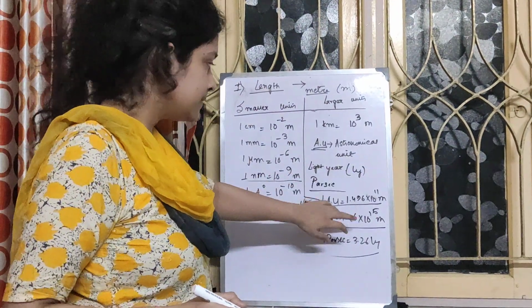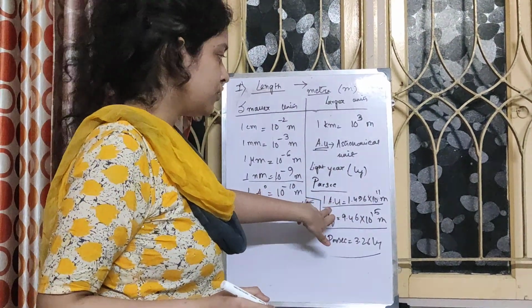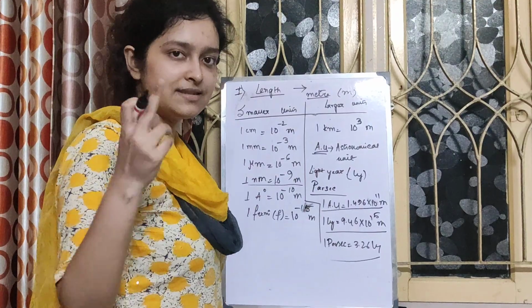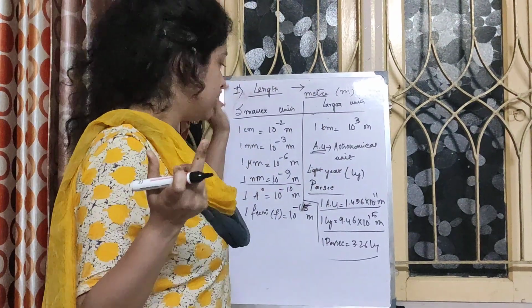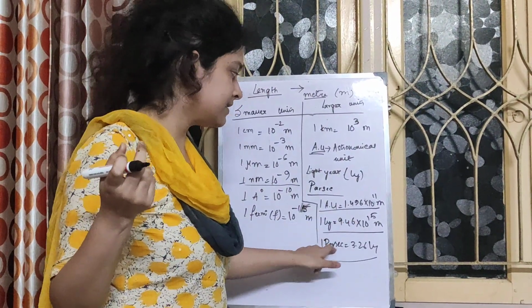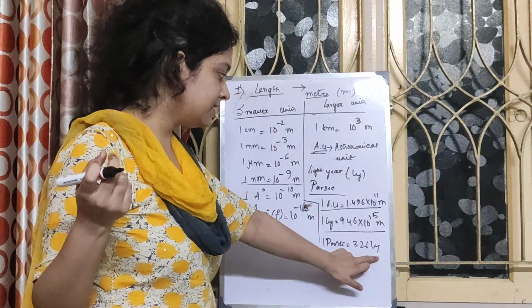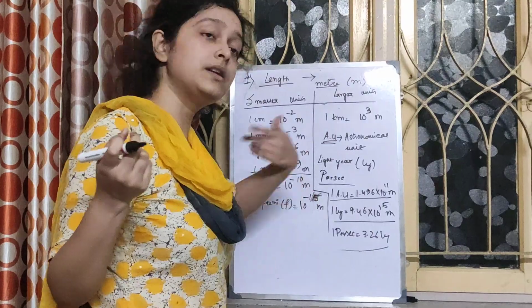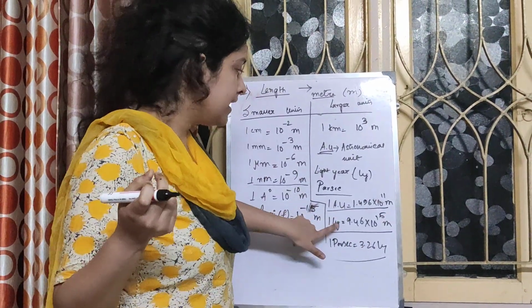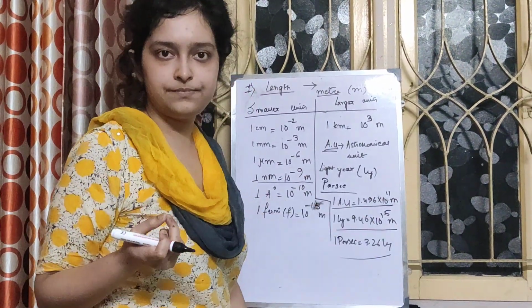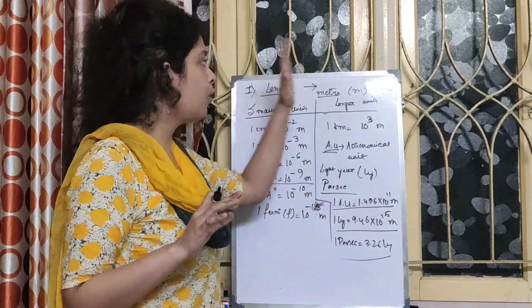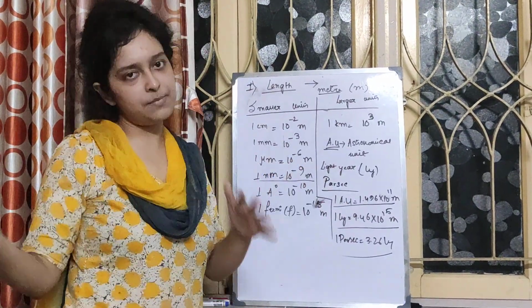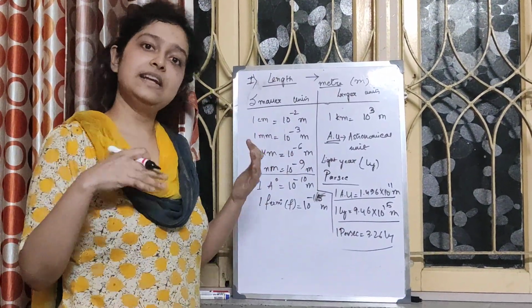Okay. That means we can convert astronomical unit to meter, the standard unit for length, light year to meter, parsec to light year. If I can convert parsec to light year, we can convert to meter also, because we know light year is how many meters, right? So basically all these multiples and sub-multiples are interconvertible.